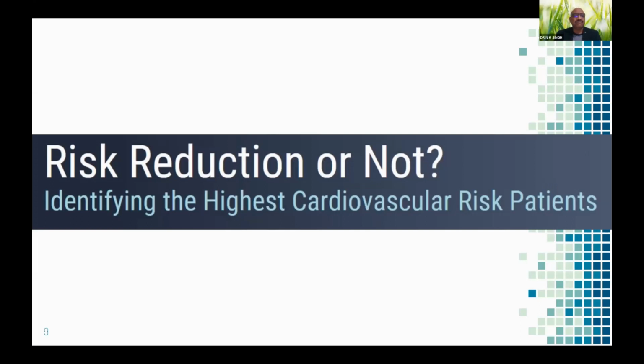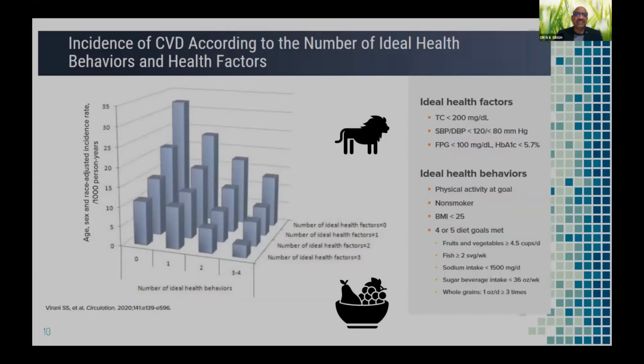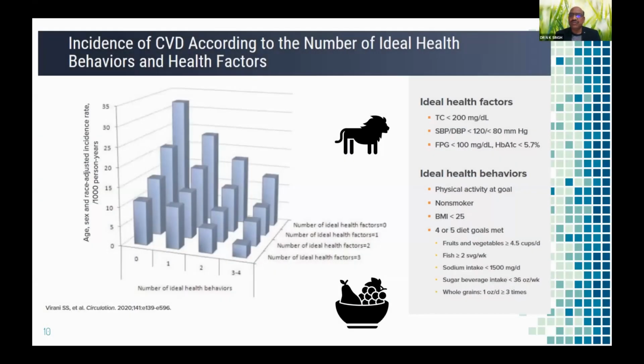But the very important question is how to identify the highest cardiovascular risk patients. You should look at the ideal health behaviors of your patient: physical activity at goal, non-smoker, BMI less than 25, and whether the patient is taking fruits and vegetables in sufficient amount, fish, sodium intake, sugar beverages, and whole grain.